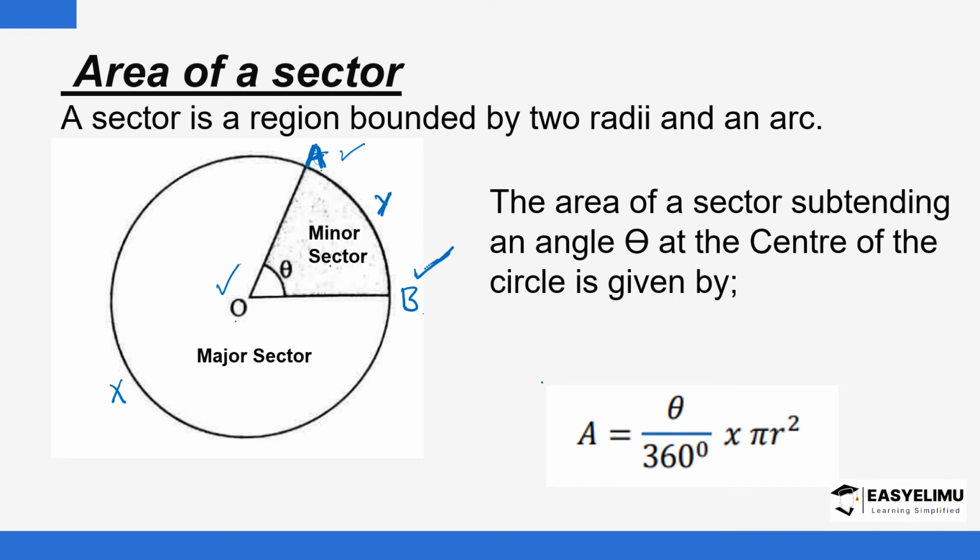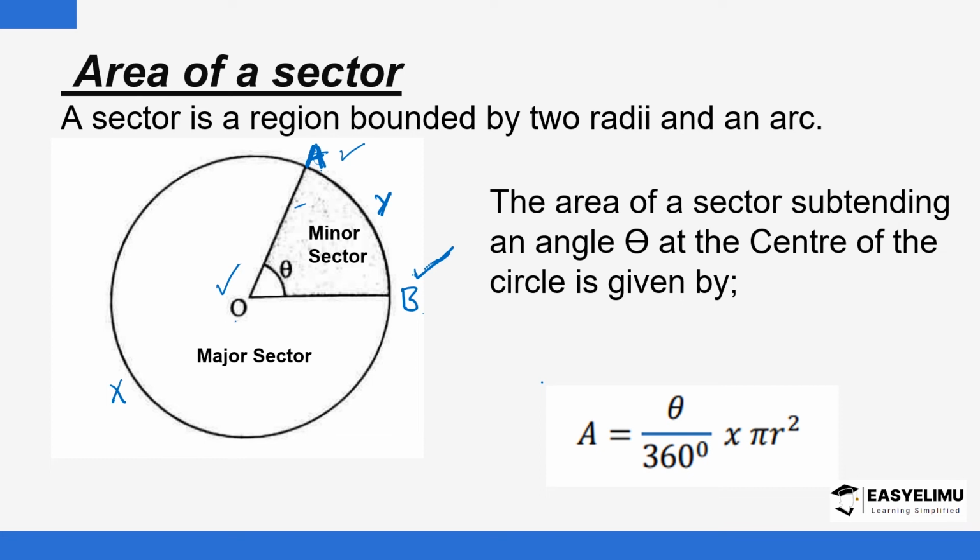So the minor sector is the region that is less than half the entire circle. The region that is more than half the entire circle, we call major.